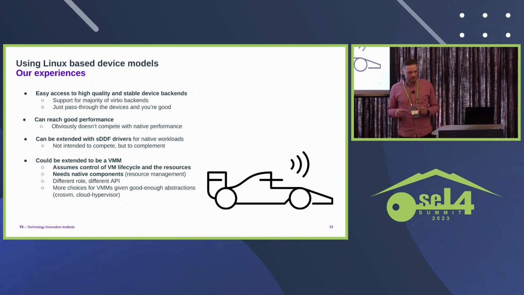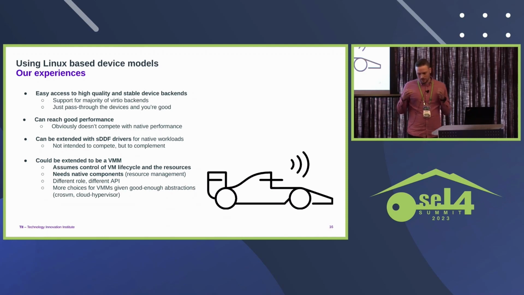In our opinion, it should be done differently: it can control the resources, but it shouldn't own them. Also, when it's used as a VMM, it would be a different role and would need a different API. The API would mostly be an extension, because the device-model-specific stuff would still be the same, so you would still have the same API.